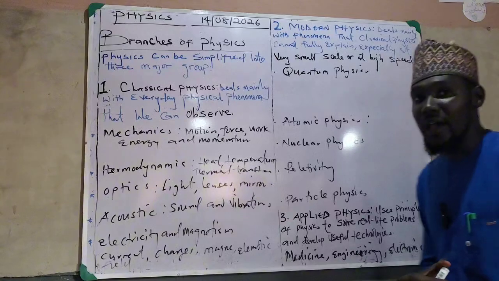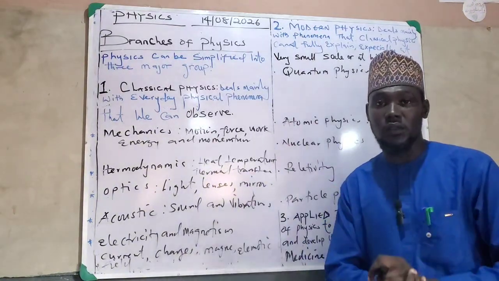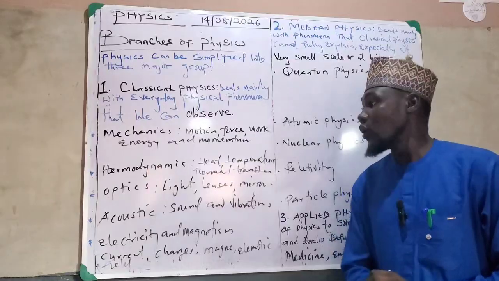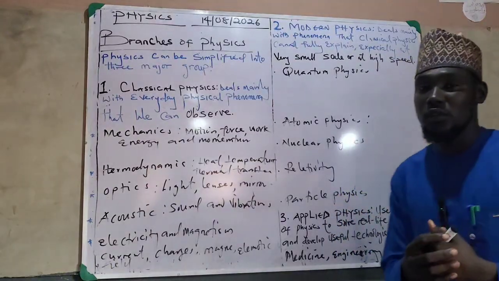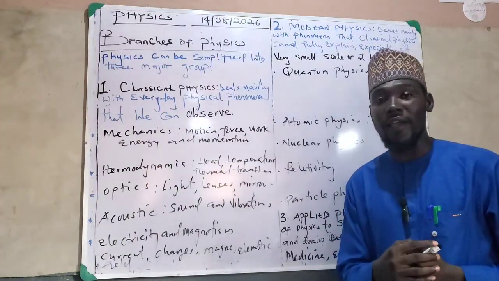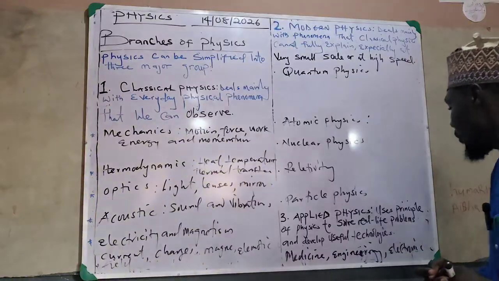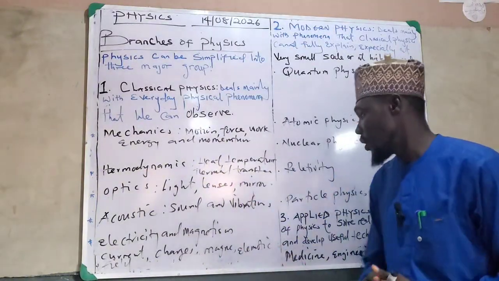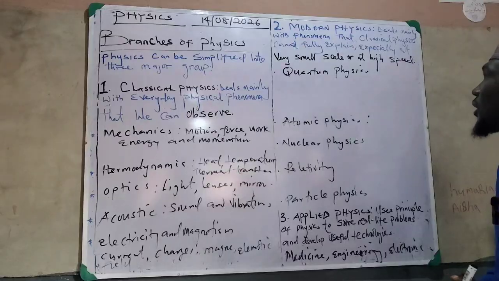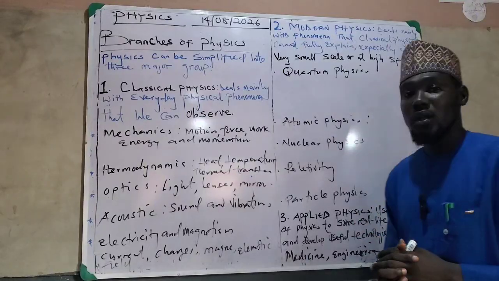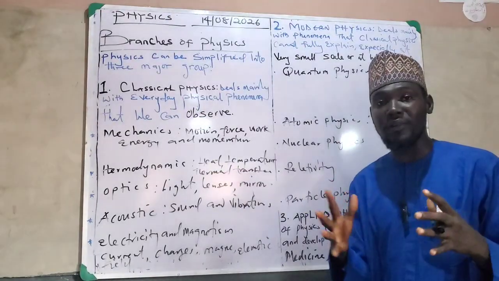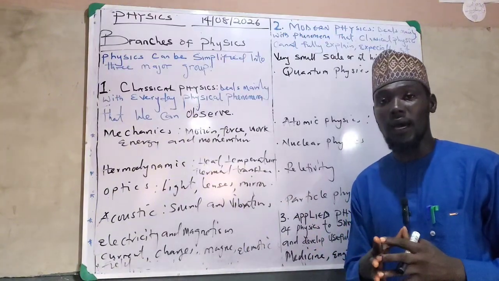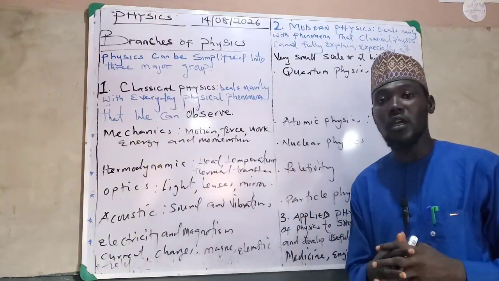And then it is applied in space, where we have spacecraft. So these are some of the aspects where physics principles are applied. Physics principles are applied in versatile fields. So these are the three branches of physics: the classical physics, the modern physics, and the applied physics.